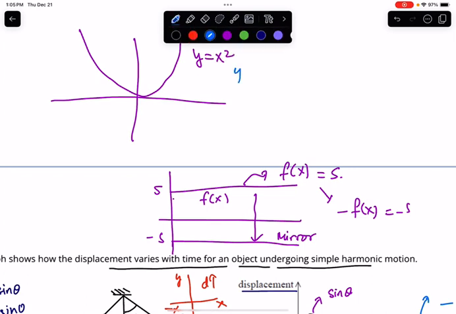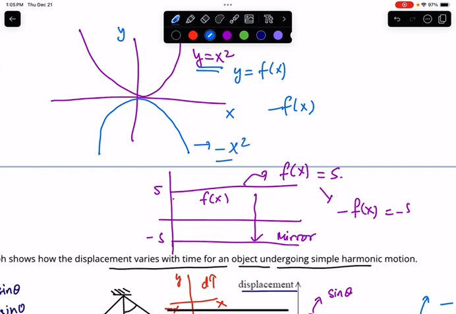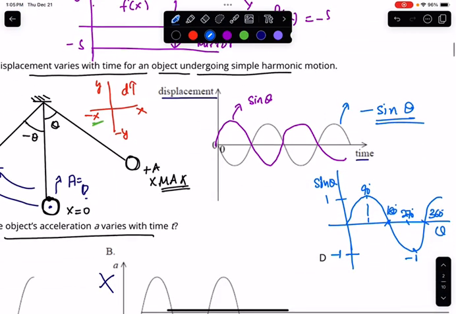Then let's say that if this is y is equal to f of x, then negative f of x is just going to be reflected on the x-axis. So if this function is x squared, then this function becomes negative x squared. Okay. So if you want to graph negative f of x, you just reflect it on the x-axis.